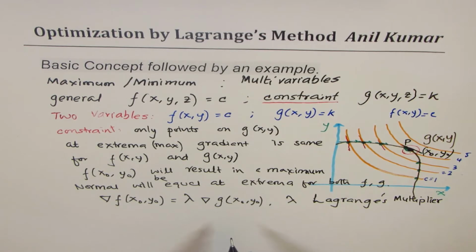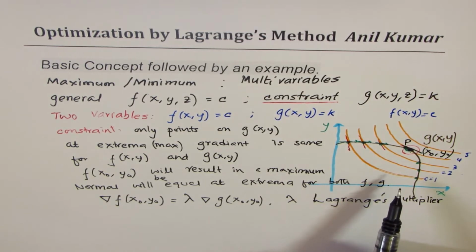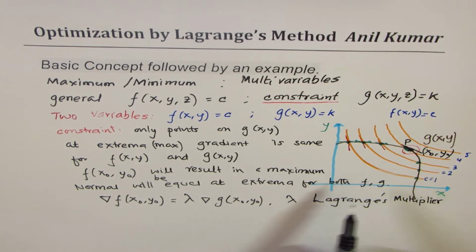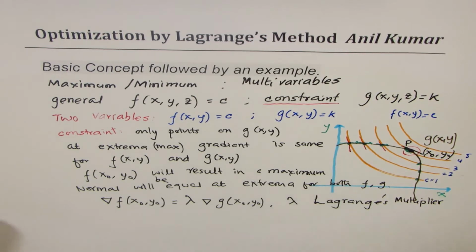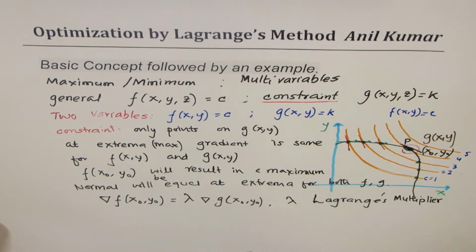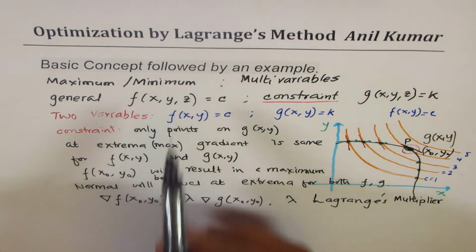So this becomes our method of solving or answering the optimization cases. I hope you get the concept here, right? Now with this in mind, we'll further explore the three-dimensional.